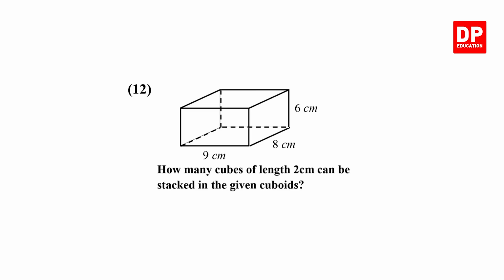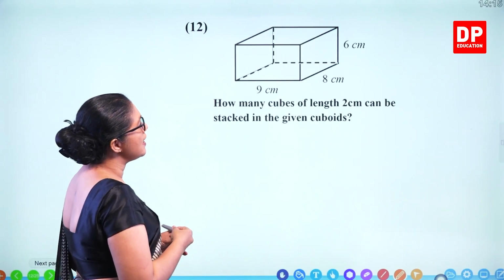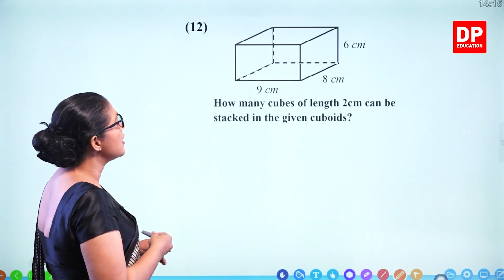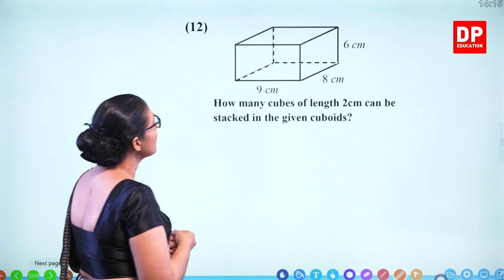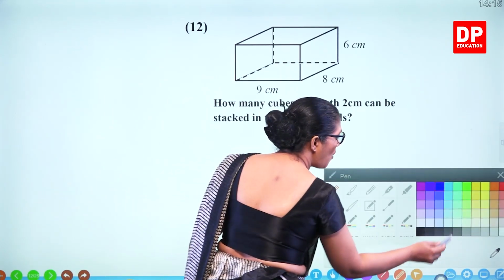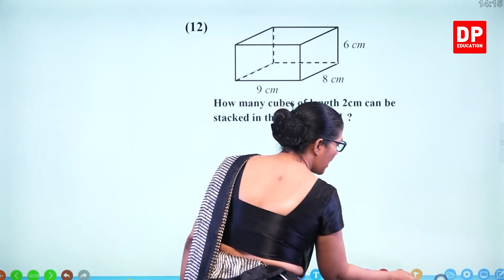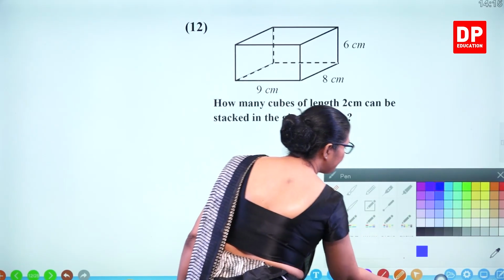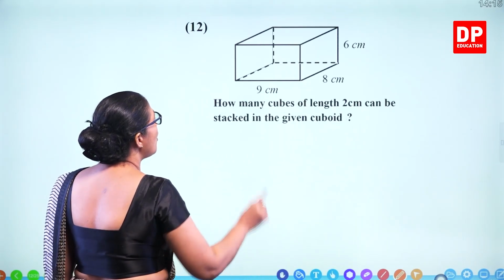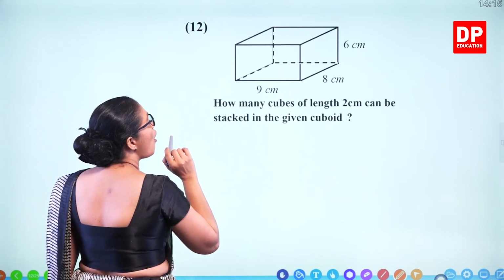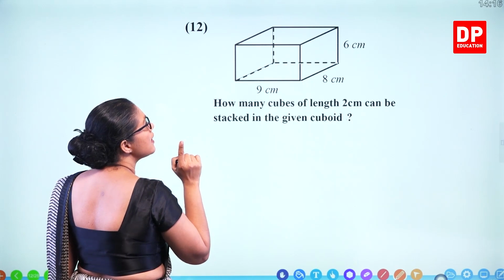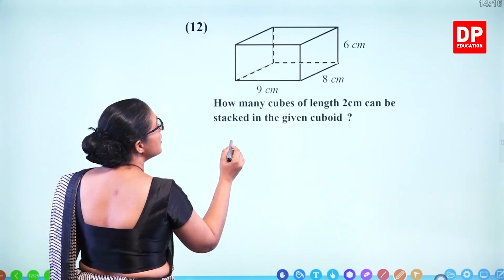Question number 12. How many cubes of length 2 centimeters can be stacked in the given cuboid? So, given cuboid, how many? One cuboid is there. So, how many are there? We can find out separately along length, along width and along height.